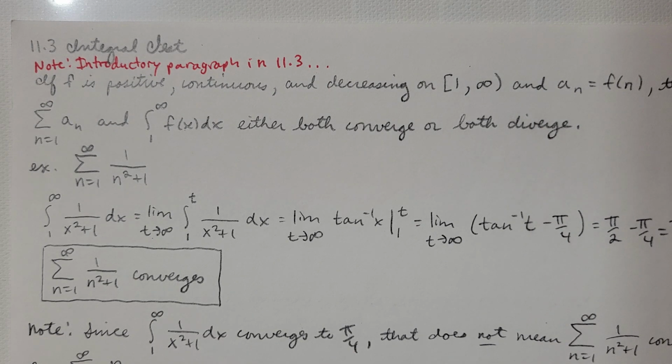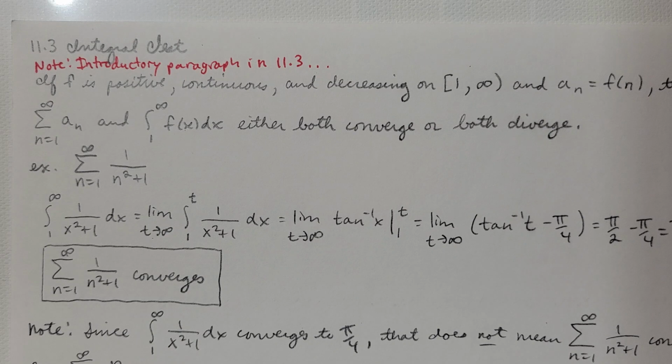When we get into section 11.7, they're going to put all that together, and they're not going to tell us, okay, use the integral test or use the geometric series, to see if the series converges or diverges. But let's start with 11.3, the integral test.